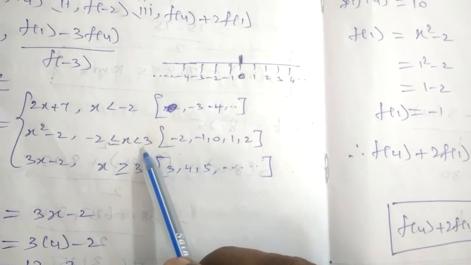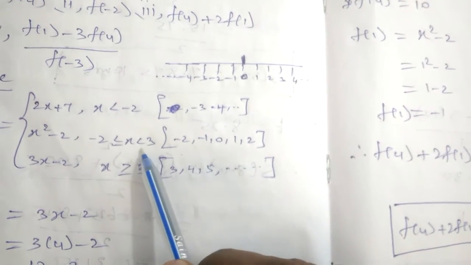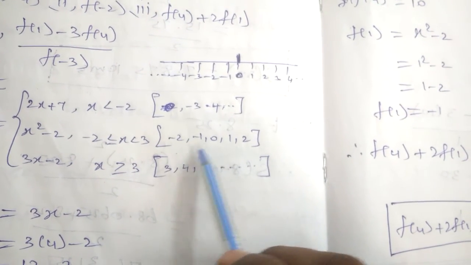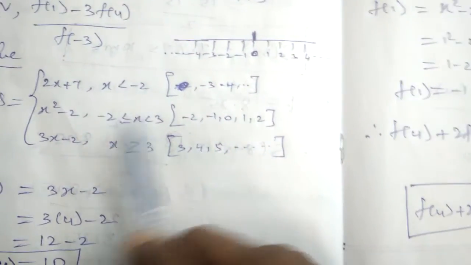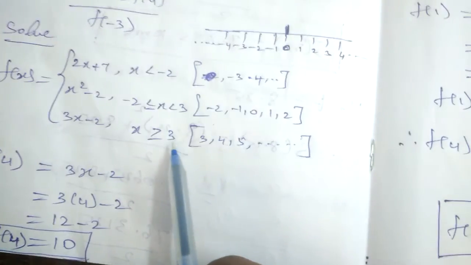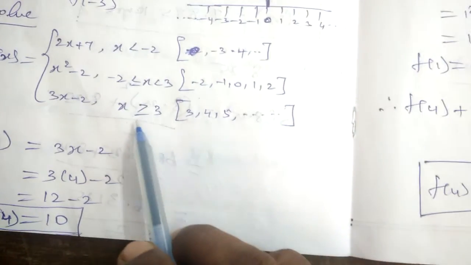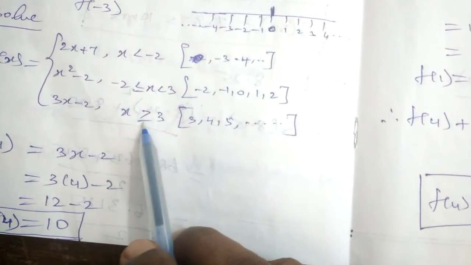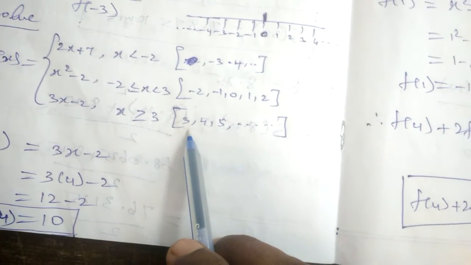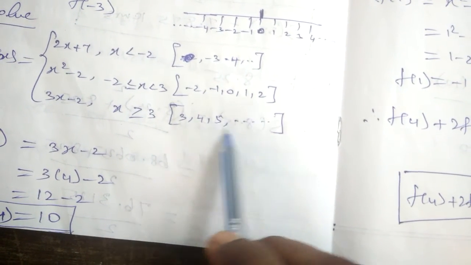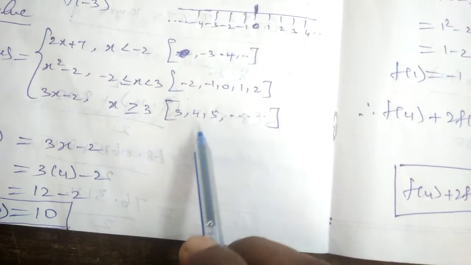Why? It's not less than 3. So we take minus 2, minus 1, 0, 1, 2, all the in between numbers. Same in the third condition, which says greater than or equal to 3. So we take 3, 4, 5, etc. These are the numbers greater than or equal to 3.